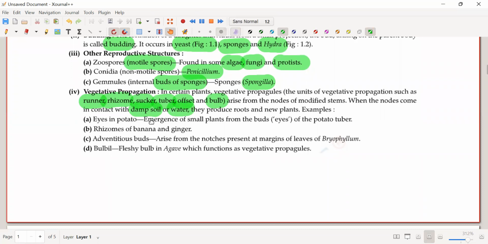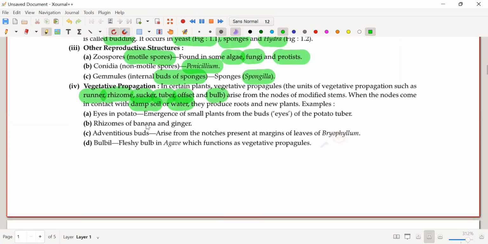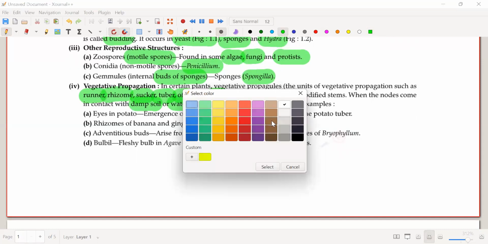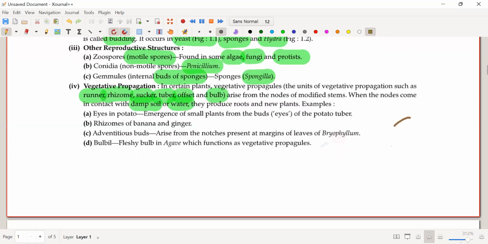Eyes in potato. Emergence of a small plant from buds, the eyes of the potato tuber. If you see a potato, there will be small dark spots. These are known as eyes of potato. From these, a small bud arises. In a potato, there will be dark spots here and there, and from these small buds arise.